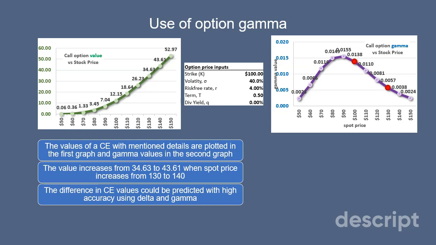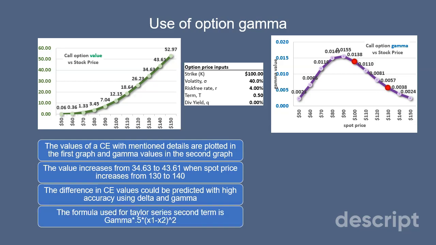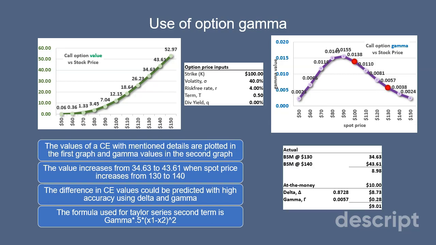Now we predict the call option value at spot price of 140 by using delta and gamma. The delta at spot price of 130 is 0.87, as could be seen from the previous slide. The formula used for the Taylor series second term is gamma into 0.5 into (x2 minus x1) squared, which is the difference in the spot price, 10, to the power 2.